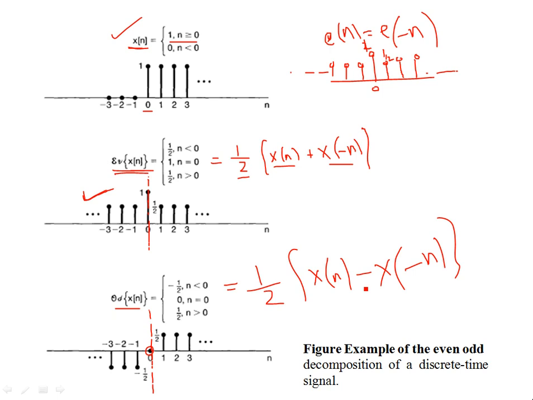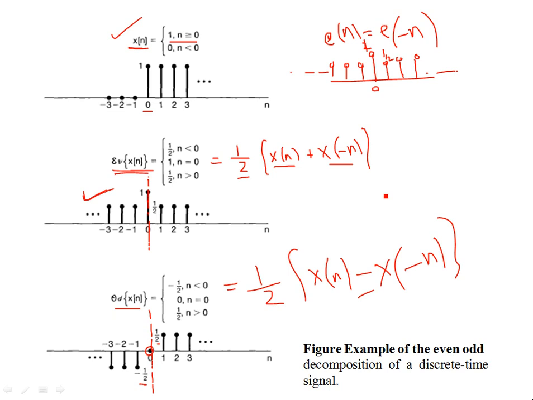The manipulation is very easy. You just have to add up x of n and x of minus n, or for the odd part, you just have to subtract, because x of minus n is going to come on the other side, and with the negative sign, the sample becomes minus 1 by 2, just like over here we had 1 by 2. There is a negative sign over here, so for positive indices, this will be plus 1 by 2, and for negative n indices, it will be minus 1 over 2.